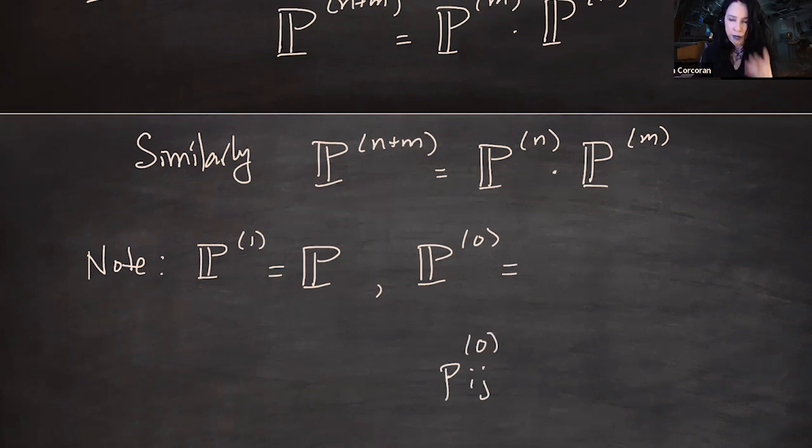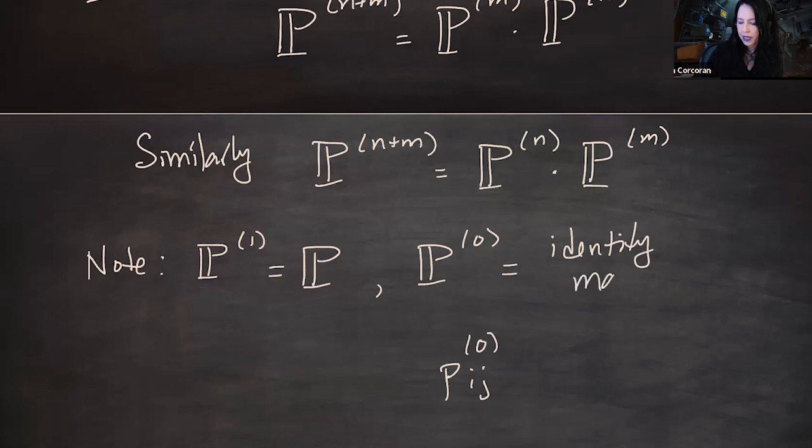That's going to be 1 if j is equal to i and 0 otherwise. So this is the identity matrix, because in 0 time steps, if you're at 1, you stay at 1. The 1,1 entry is 1, and the rest of the row is 0 because the rows add up to 1.